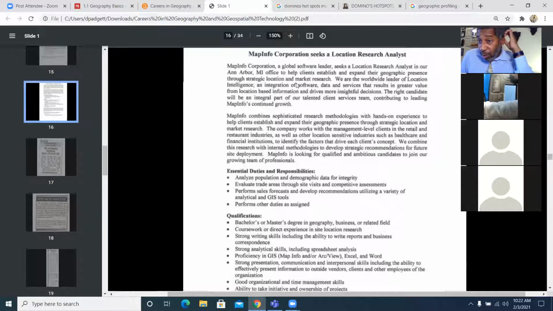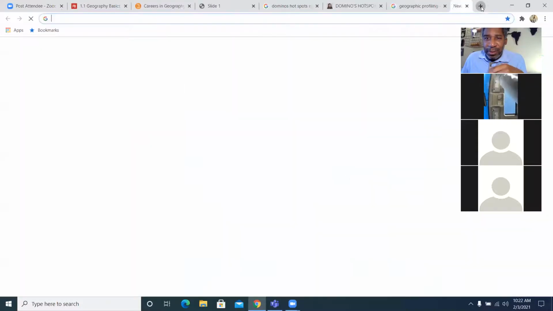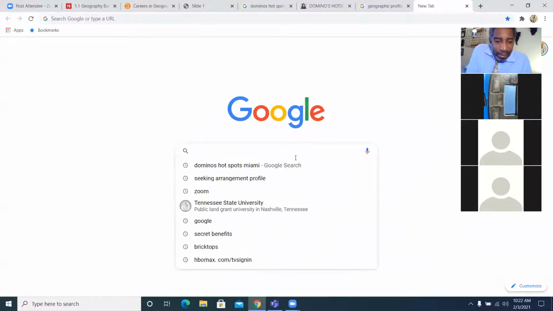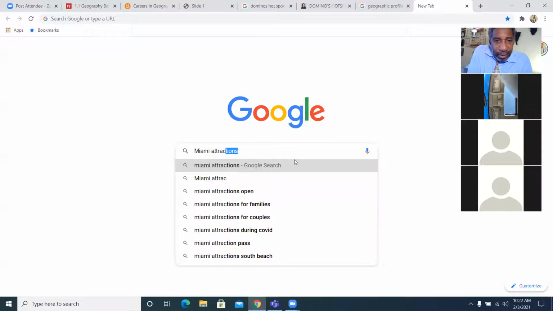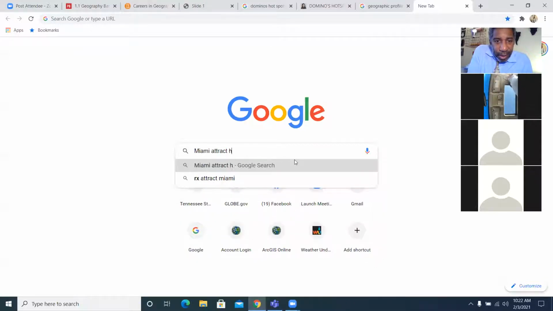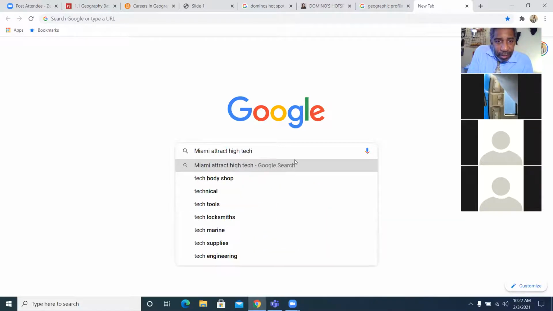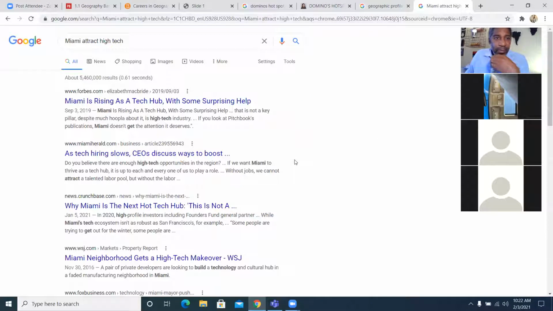And so when that happens, when a city like Miami does that, you can read about it. Let me see, we got, see, Miami attracts high tech. All right, enter.